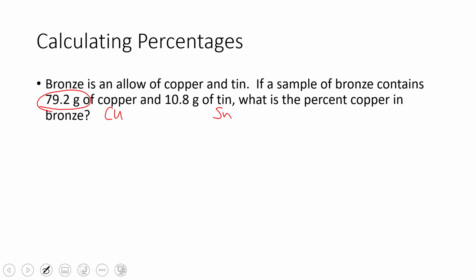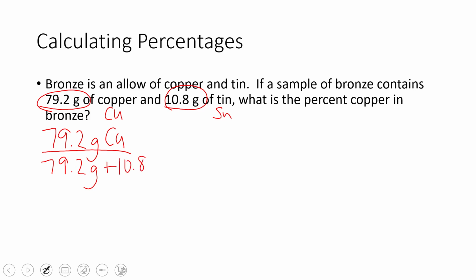So let's find the percent of copper and let's find the percent of tin. We've got 10.8 grams of tin. To find copper, we're going to do the part of copper, 79.2 grams of copper. So that's the part over the whole. And the whole would be 79.2 grams plus 10.8 grams. That would be my whole.